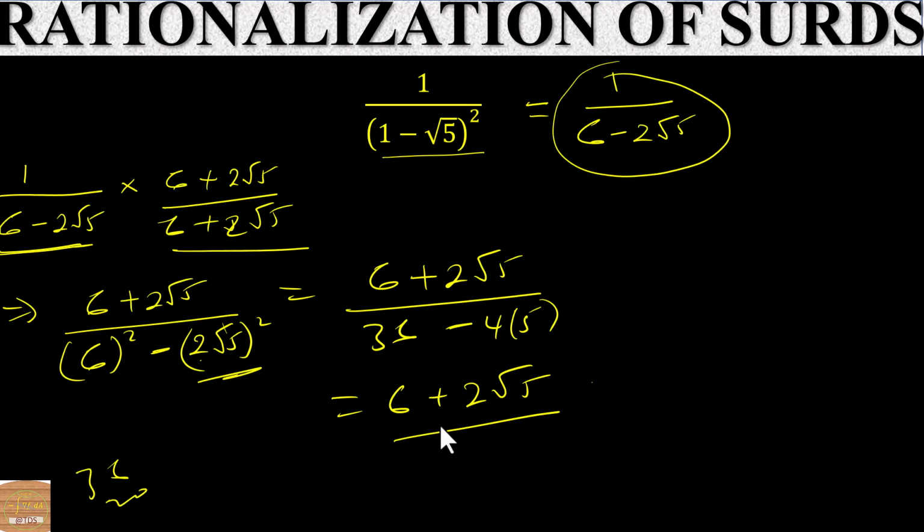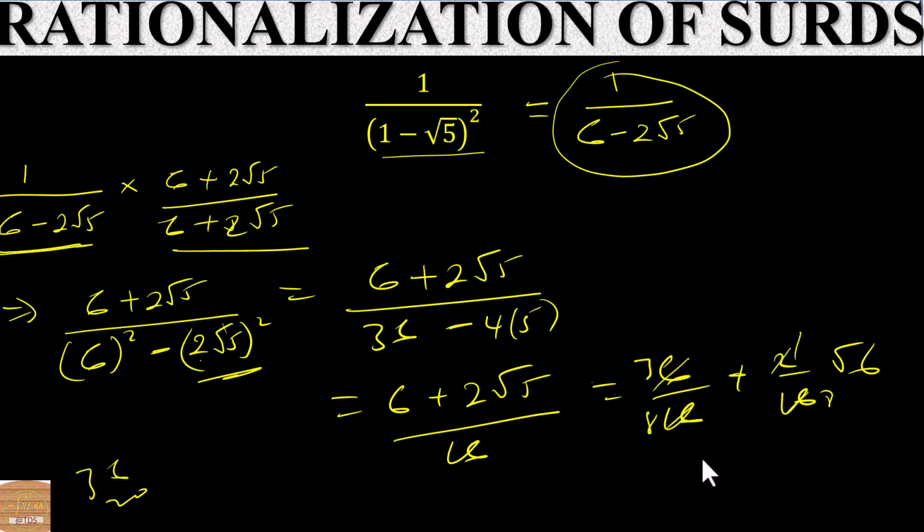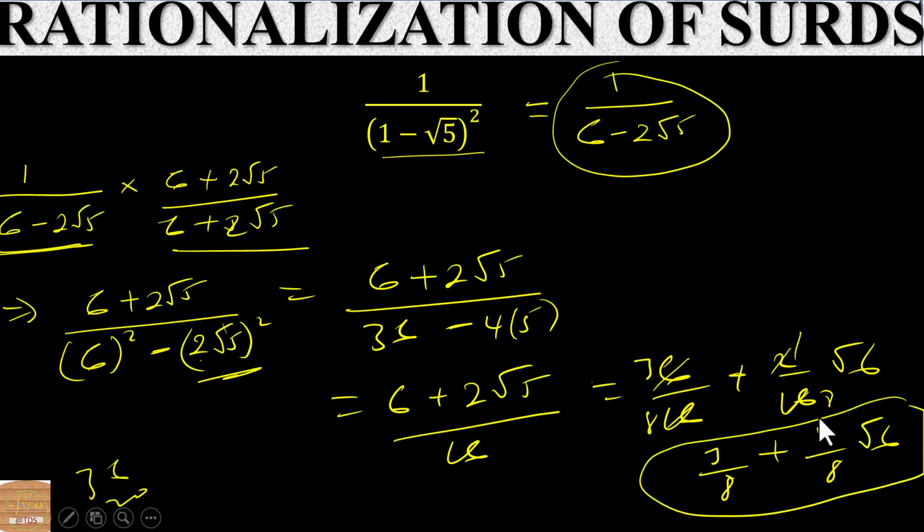All right, so we have 16. So we have 6 on 16 plus 2 on 16 root 5. So 2 here, 3, 2 here, 8, 2 here, 1, 2 here, 8. So we have 3 over 8 plus 1 over 8 root 5. So this is the answer. All right.